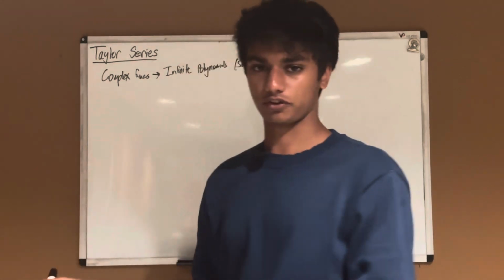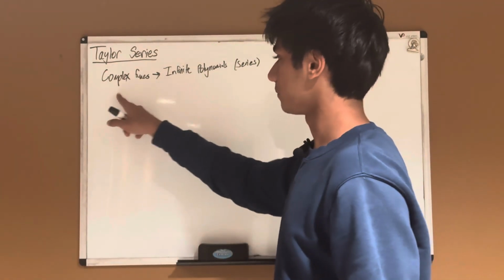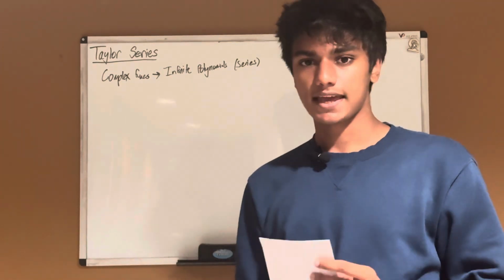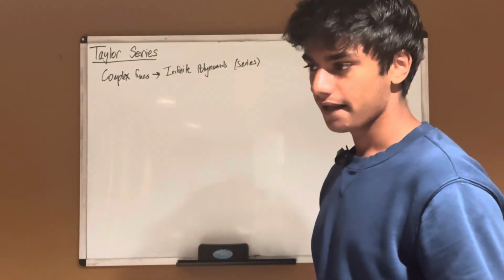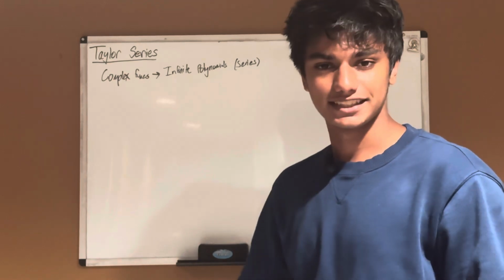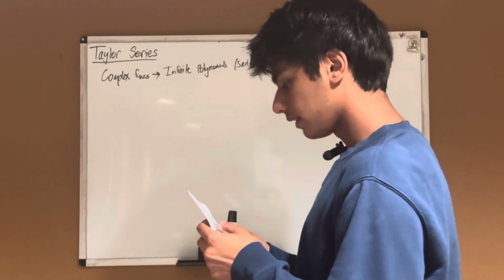An example of a complex function could be sine of x or cosine of x. By using a Taylor series, we can convert them into infinite polynomials, which is useful for things like physics, engineering, and computer science because it allows us to estimate the values of functions using polynomials, which are generally easier to calculate than these complex functions.